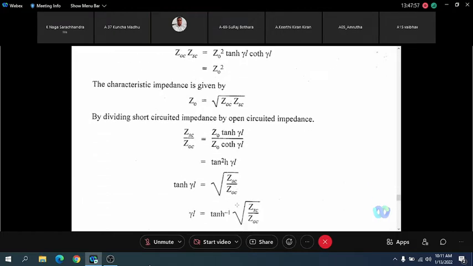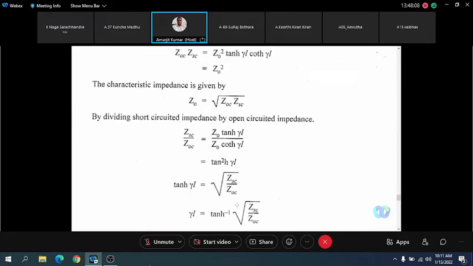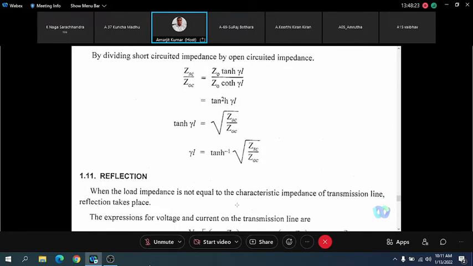And if you divide ZSC upon ZOC, then what you will get? Z0 tanh γL divided by Z0 coth γL. So basically tanh square γL. From here what will be γL? So tanh inverse under root ZSC upon ZOC. So from here you can calculate gamma also.